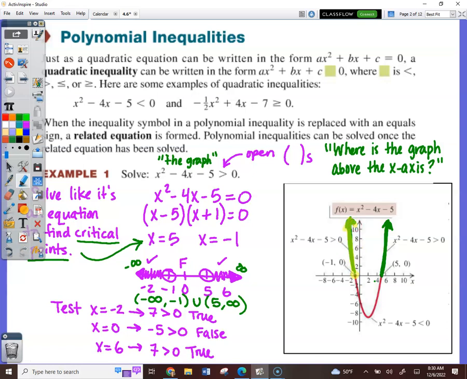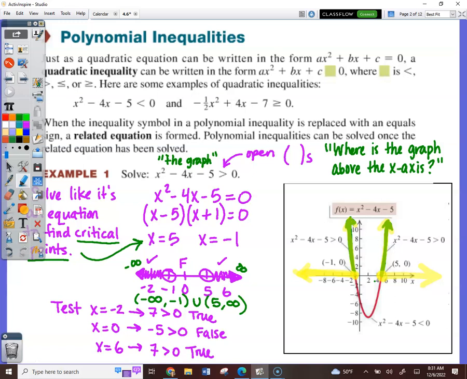As it's going up, it's going out, which means the x-axis in this direction is part of the solution set. Then come over to the other side. Right here, as it's going up, it's also going out. So right here, in this direction, is the other part of the solution set.